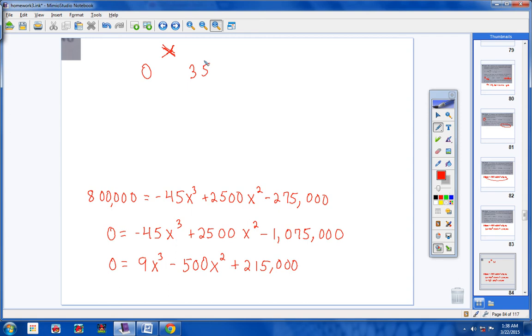Now my y values, when I'm at 0 on my table of values, I get out 215,000.